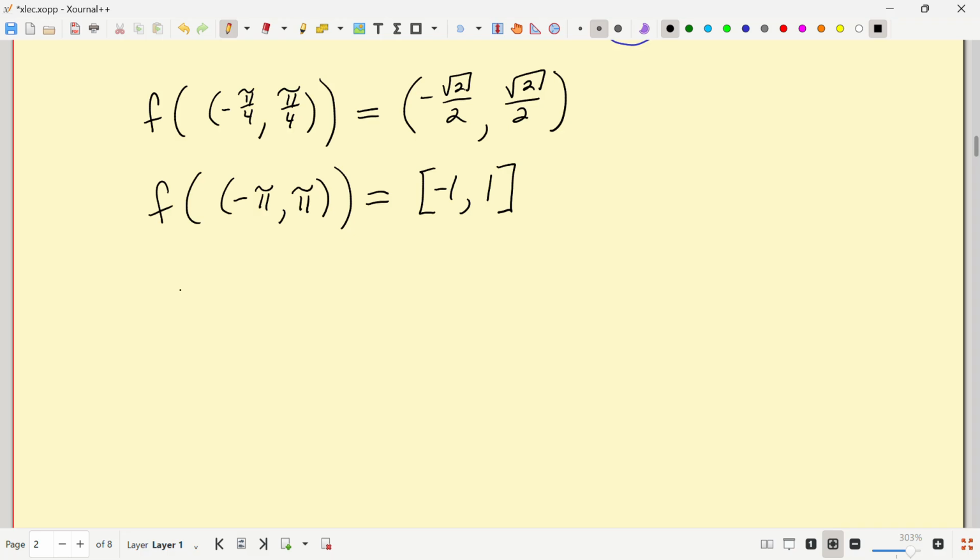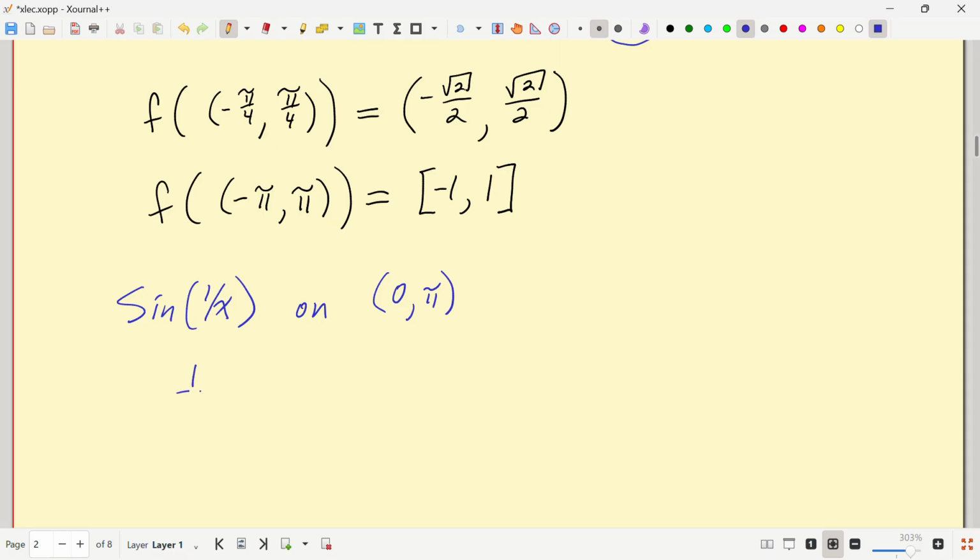Terrible things could happen, like if I had sine of 1 over x on, how about 0 to pi? It's continuous on that open interval, it wiggles like heck, and it would map also to the whole closed interval from minus 1 to 1. Those weird things.